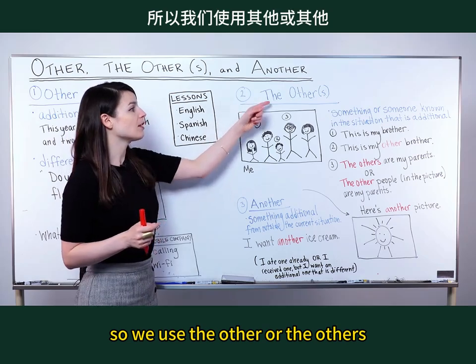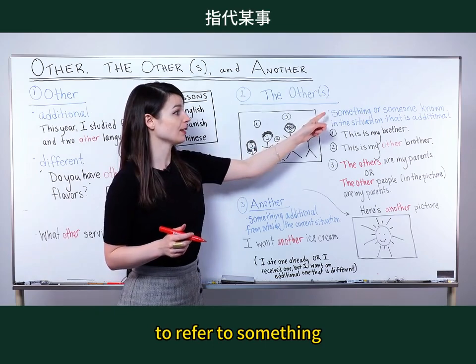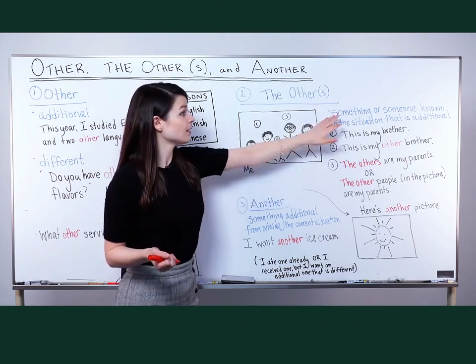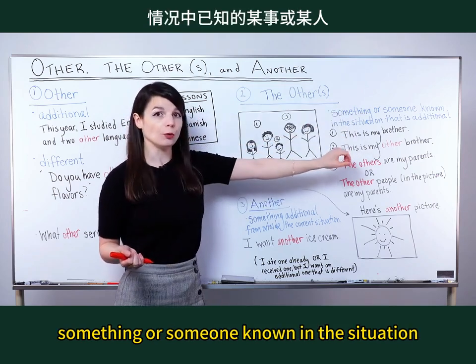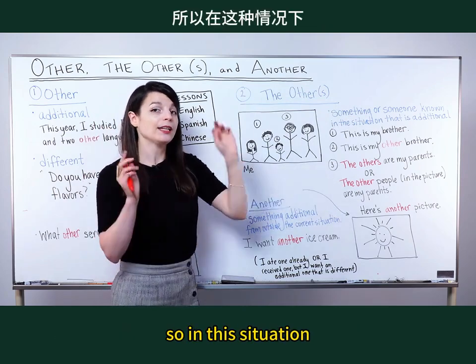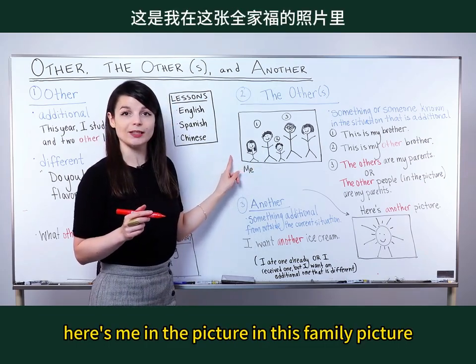I'm going to imagine we're looking at a family picture for this one. We use the other or the others to refer to something or someone known in the situation that is additional. In this situation, this is me. Here's me in the picture, in this family picture.